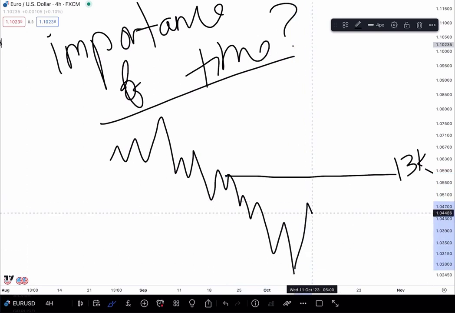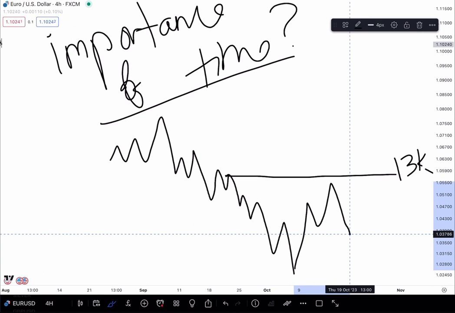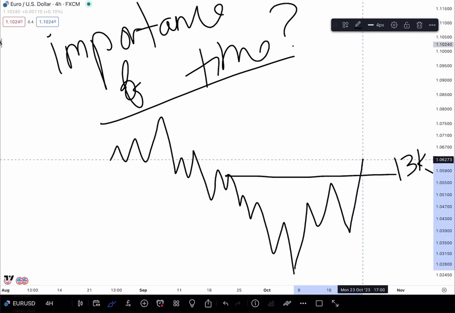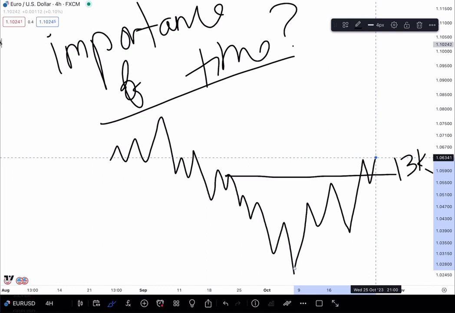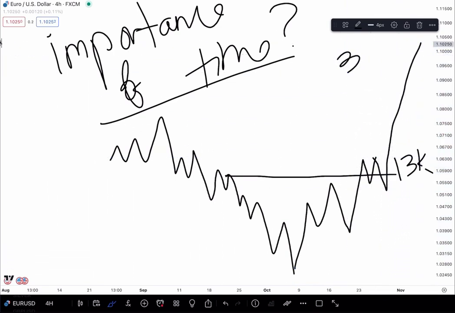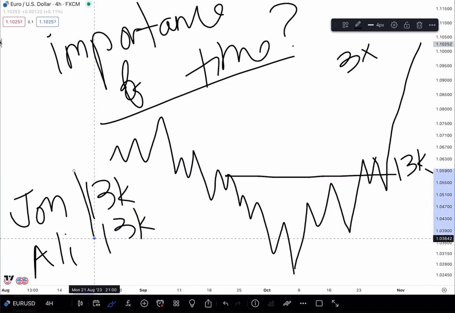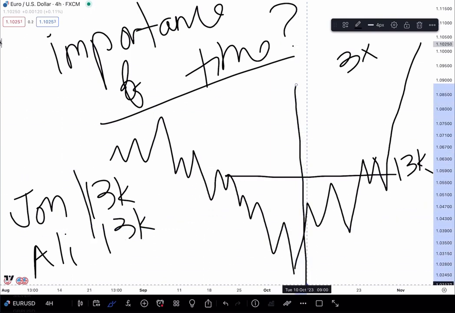Ali bought Bitcoin at the price of 13,000. And Ali, or Ali in Arabic, made an instant gain of 3x. They both bought at the same price. The only difference was the time of the purchase, right?